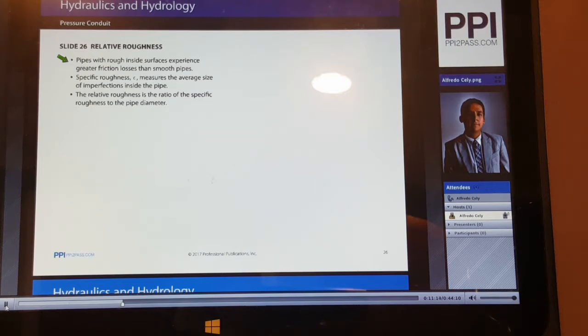The relative roughness is the ratio of the specific roughness to the pipe diameter. There's a key difference between a specific roughness and relative roughness. The specific roughness is the roughness of the material. The relative roughness is the roughness of the material weighted to the diameter of the pipe.